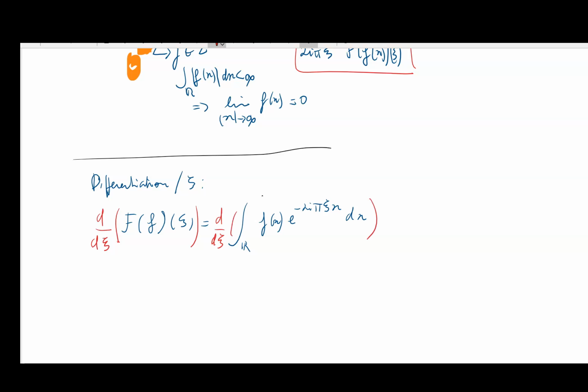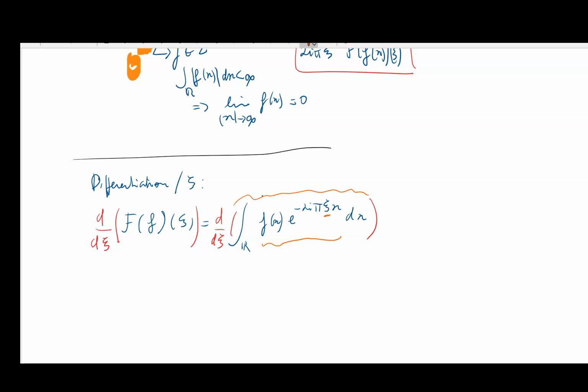The good news is that you have an idea of what's happening here, because what we want is to differentiate this parameter-dependent integral with respect to the parameter. And you know some conditions about that.